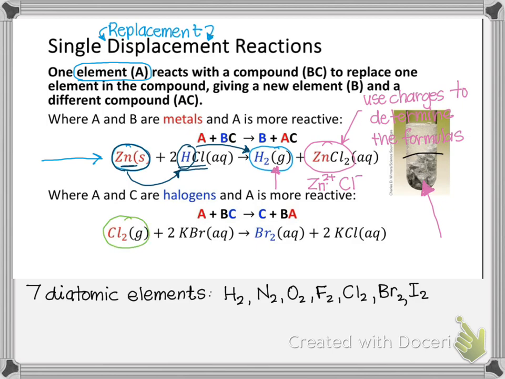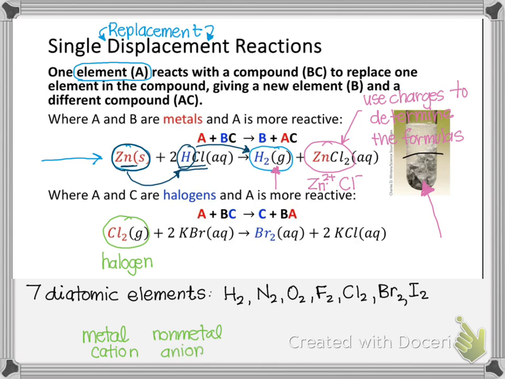In this case, it's the nonmetal, which is specifically a halogen. And so halogens can only displace other halogens. And halogens are nonmetals. So remember, in ionic compounds, it's always going to be the metal, which is the cation, followed by the nonmetal, which is the anion.